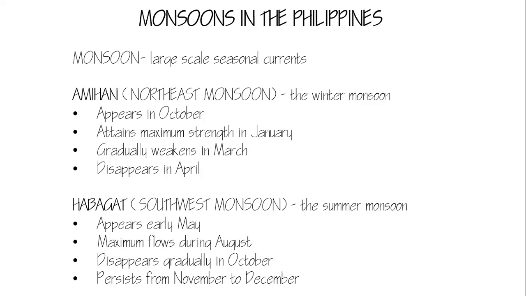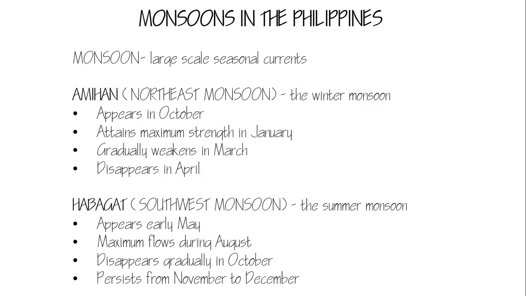It is also important to know the characteristics of these monsoons, because they are the basis in planning. So the amihan or the northeast monsoon is the winter monsoon. It appears in October, has maximum strength in January, gradually weakens in March, and ends in April.